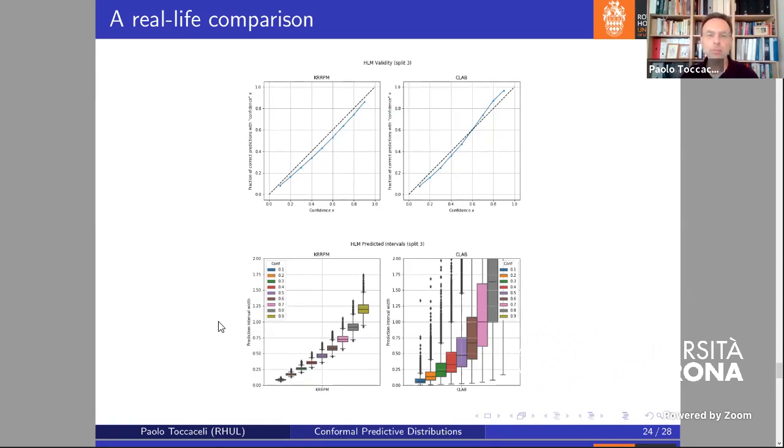And on the bottom row, instead, you see the box plots, and you see that the method on the right has, for the same confidence level, so the same color, definitely a larger median and a much wider spread of values.